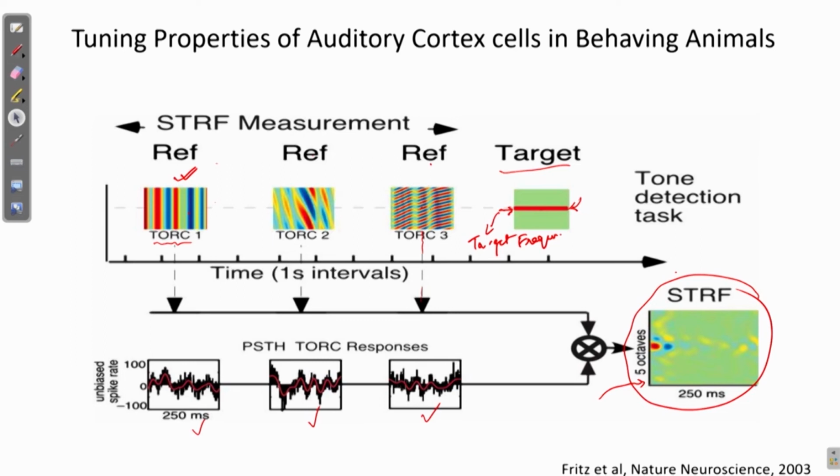This is the spectrotemporal receptive field, for example, of one neuron in the auditory cortex of the behaving ferret, in the sense that it is performing the task that we have just described.